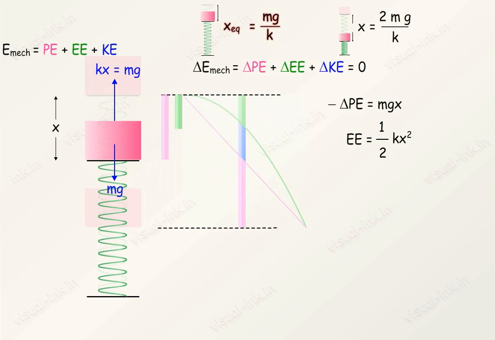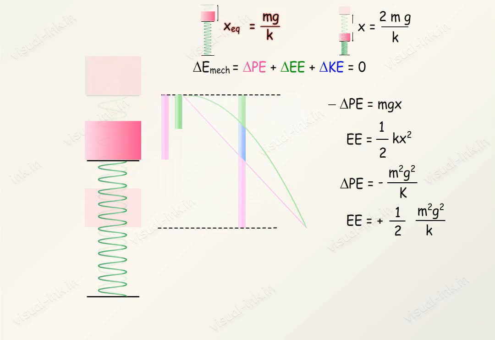As we know that at the equilibrium position x is equal to mg by k, therefore change in the potential energy of the block is equal to minus m square g square by k, and change in the elastic energy of the spring is equal to plus half m square g square by k. Why is it that the change in potential energy of the block is not equal to the change in the elastic energy of the spring in this case?